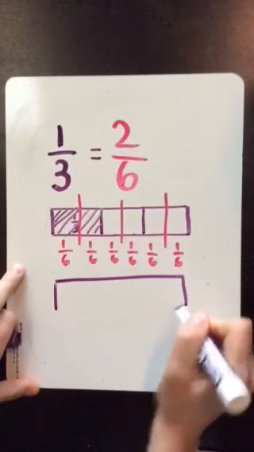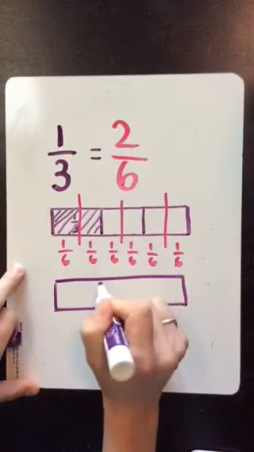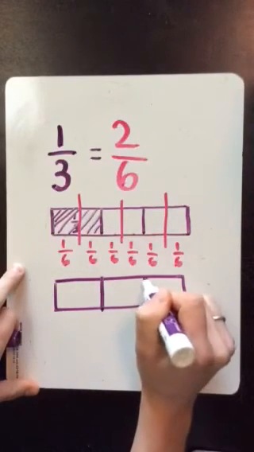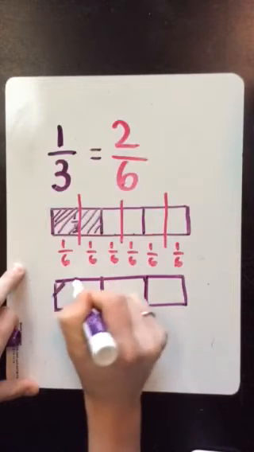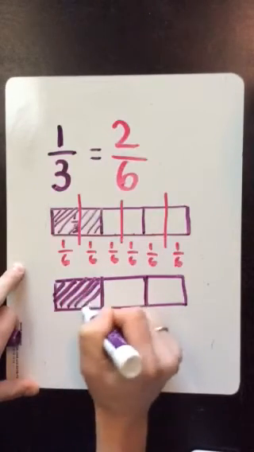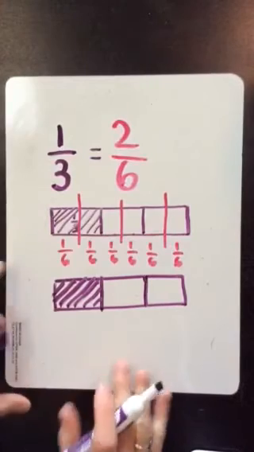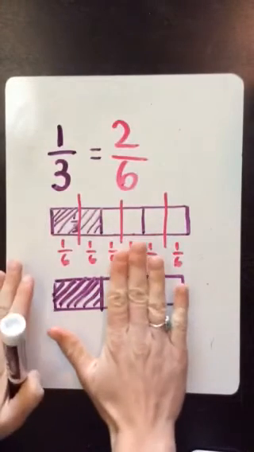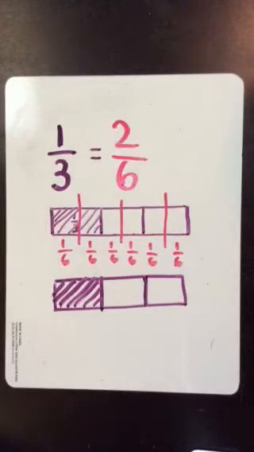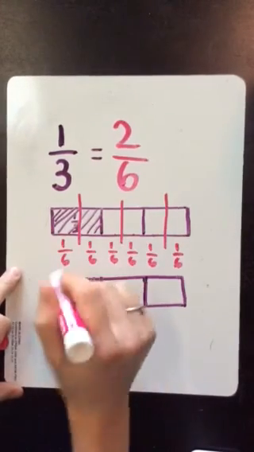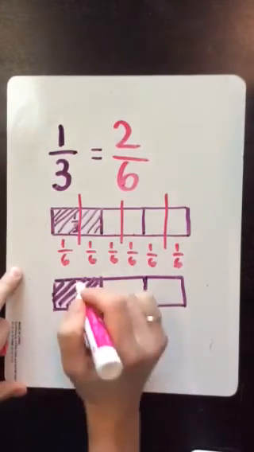Let's draw another model to show 1/3. What would happen if this time I decompose each part in 3, in 3 parts by drawing 2 lines?